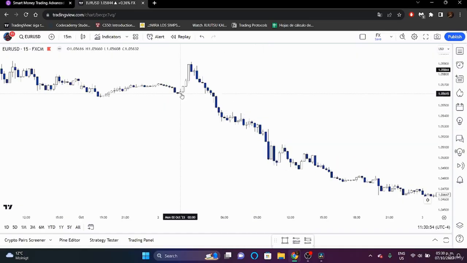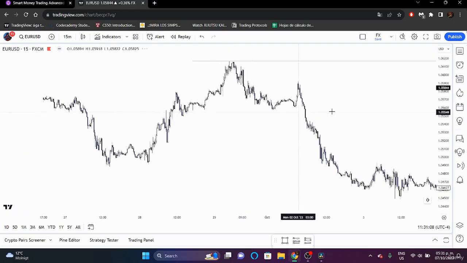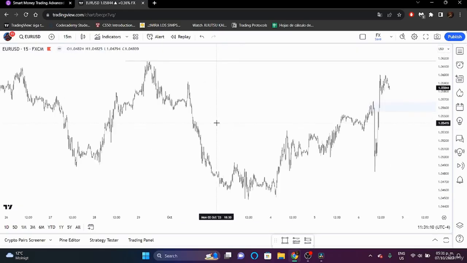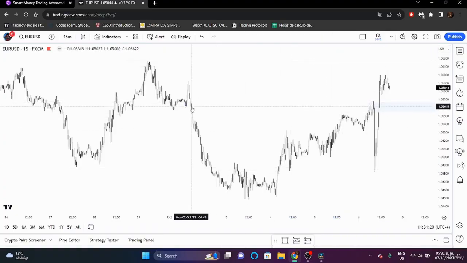Okay, this will be your breaker block. It goes up, it manipulates, it makes a higher high from this swing high, and immediately goes down. So this will be your breaker block right here. As you can see, it touches, goes down.